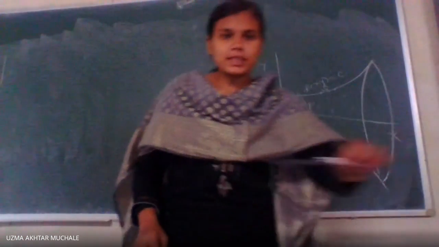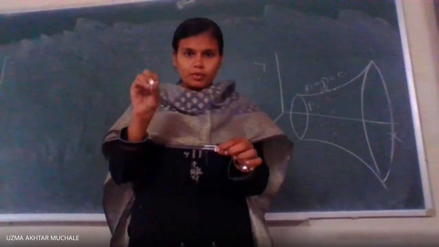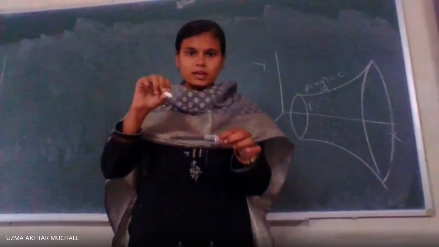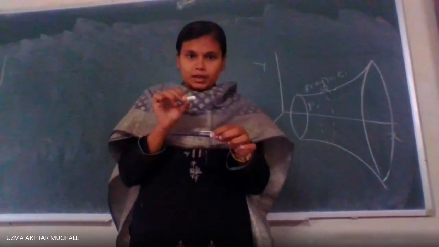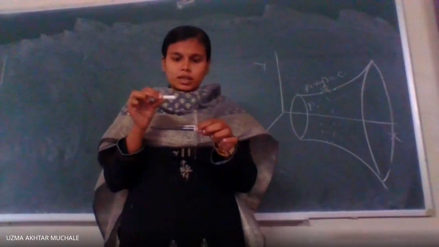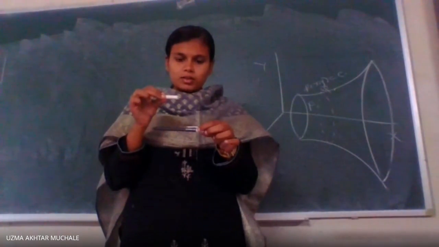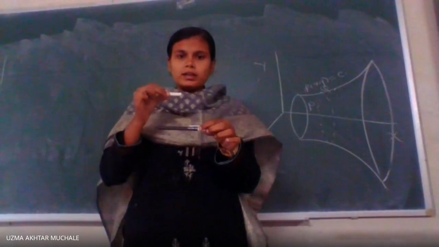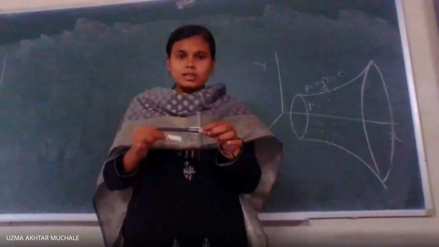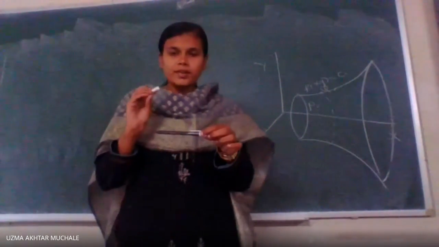Suppose this is your x-axis and here we have a profile curve. This profile curve will revolve about an axis. So if suppose this is a point, right? This point on the curve, after revolution around the axis, will sweep out a circle, right? Have you understood this?